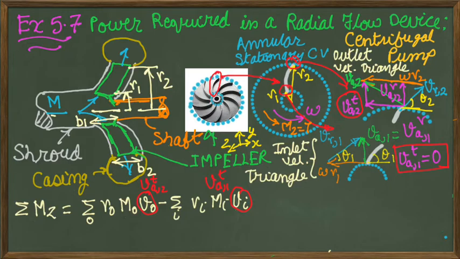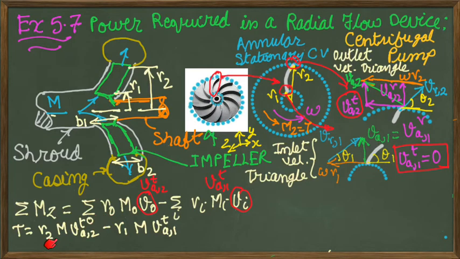We are considering moment about the z-axis. So Mz, the moment about the z-axis, since it's causing rotation, is equal to torque. There are three types of moment: Mx, My, and Mz. Mx and My lead to the bending moment, and Mz, since it's causing rotation, leads to a torque. So we substitute the external moment Mz as torque, and we have one outlet and one inlet, so we replace O with 2.